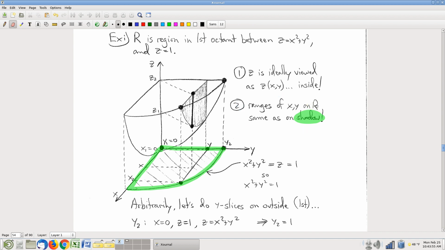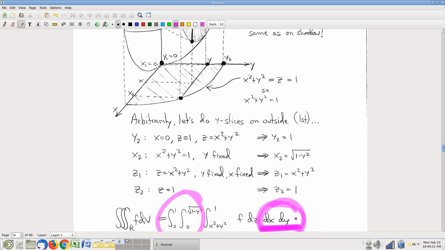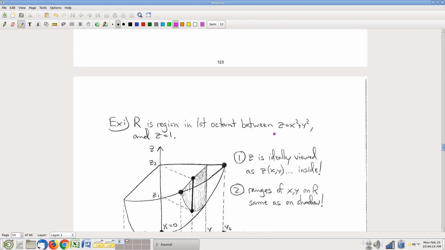Now I guess I should admit I could make the same argument going this way, right, and then look at the shadow over here. I guess really the best reason that I can give for why I chose to do these on the outside is about independent variables. I look at this equation here and I think, do I want to solve for z in terms of x and y?